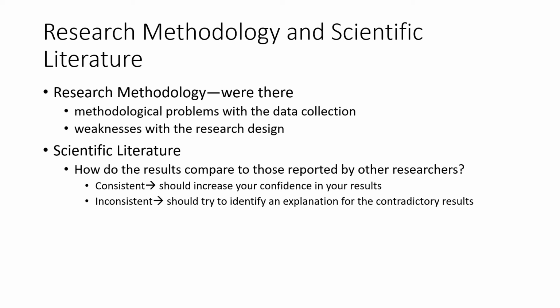you pick and choose. Instead, what you do is you would carefully evaluate the two studies, compare the methodologies, compare the populations. Is there something different about the two studies that might help you explain why one found one outcome and another found a contradictory outcome? If you can identify and then explain why one study has a different outcome than the other, that's exactly what you're trying to do with science.